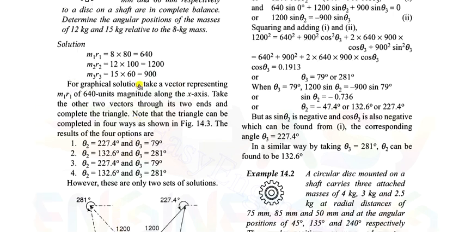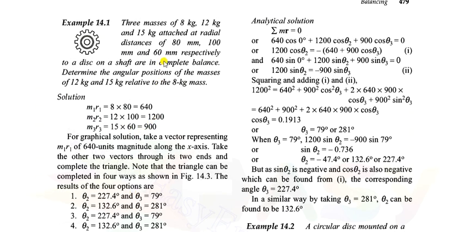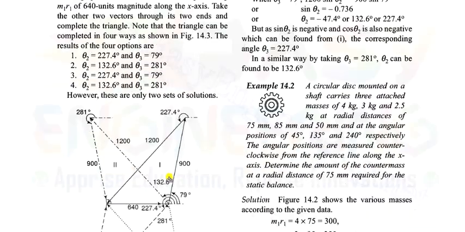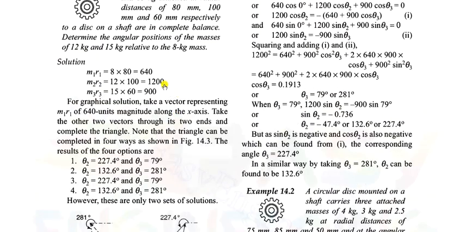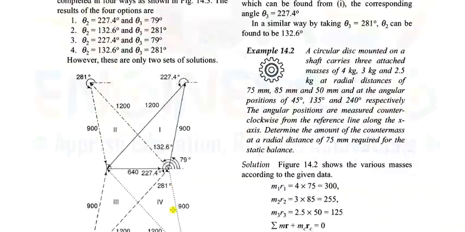Now we have another two, and as the given problem is already balanced, we need to complete it. The triangle should be closed. The force polygon should be a closed polygon. So once you draw this, with the help of these two, it should close.